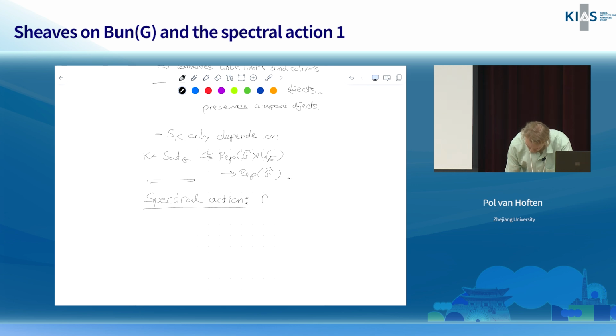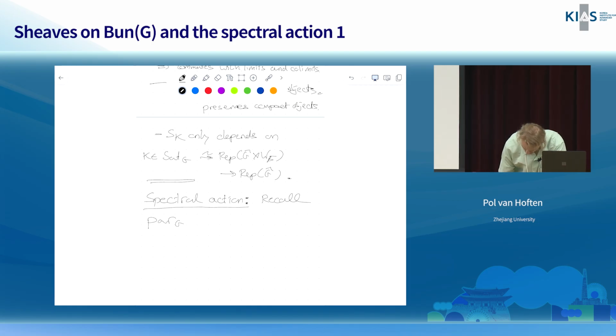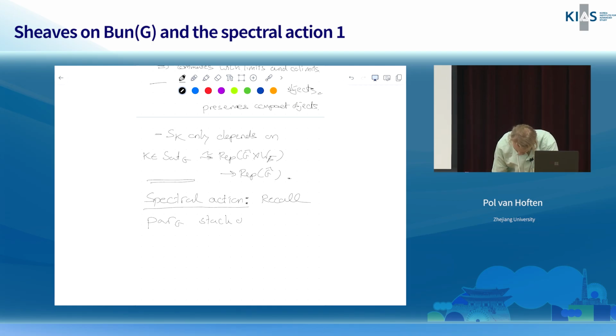I have to recall that Par G is a stack of L-parameters for G, or if you like, for G hat with its action of W_F. And this has a tautological morphism. It maps to, I guess I'll just write, Spec Lambda mod G hat.